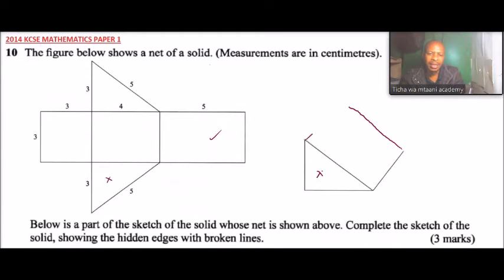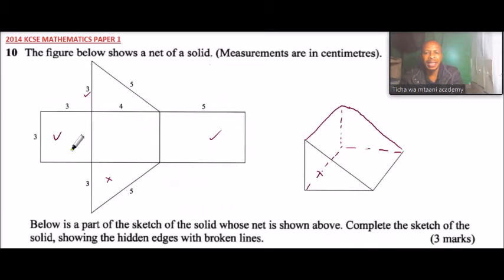So we have the hidden line here of this part. That is where we have 3. And then we fold this one upwards so it covers the back side of this solid. And we have the other hidden part here.